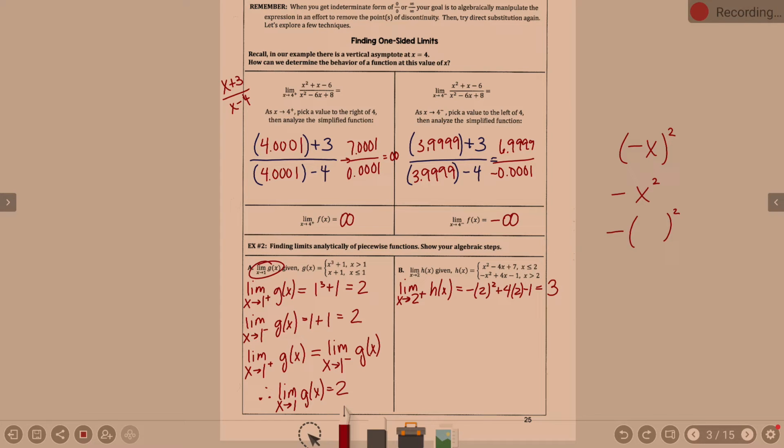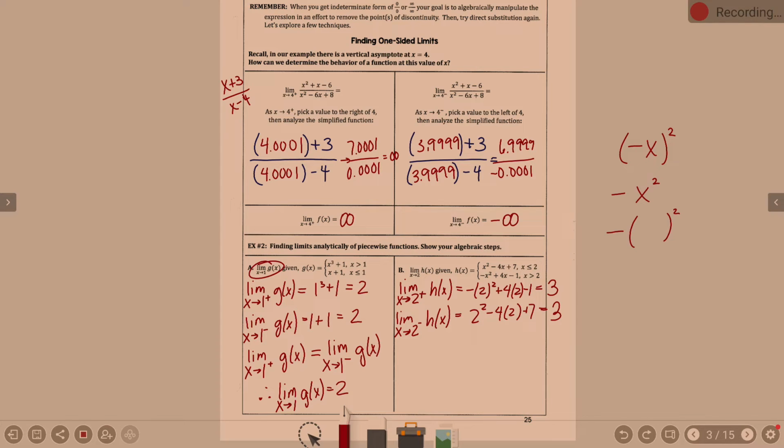Okay, did you do the limit from the left? The limit as x approaches 2 from the left of h of x. From the left, we're looking where x is less than or equal to 2. So 2 squared minus 4 times 2 plus 7. So what do we know?